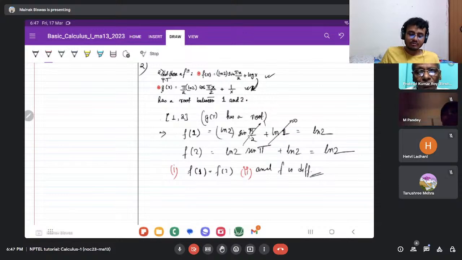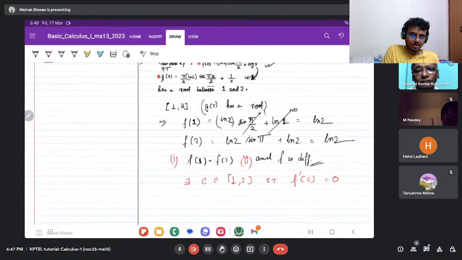And exactly how will we be using Rolle's theorem? See, you now understand that there exists a C between 1 and 2 such that f dash C is equal to 0. Agreed? This is Rolle's theorem. G of x you see is exactly f dash x.